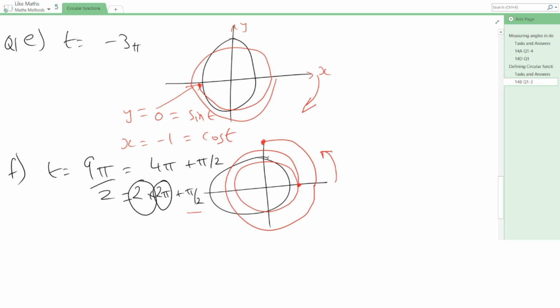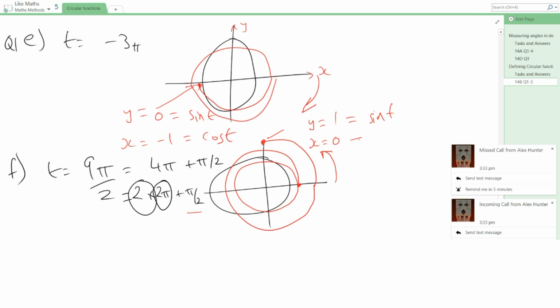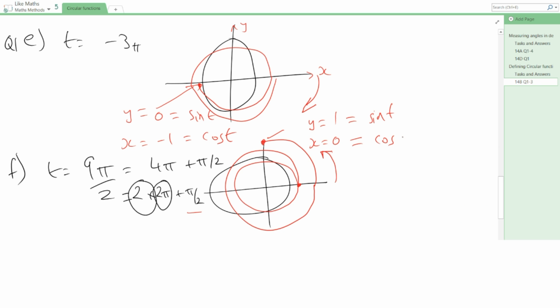So we go around to there. At that point, y is 1, x is 0, and the sine of the angle is given by where y is, and cos of the angle is given by where x is.